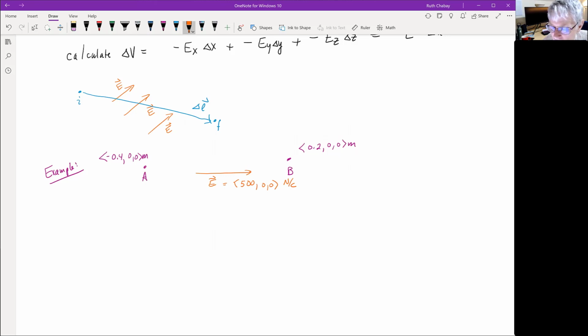And we want to consider what's going to happen when a particle moves from A to B. We're going to divide this problem into 2 steps. Step 1: calculate the change in electric potential along this path.